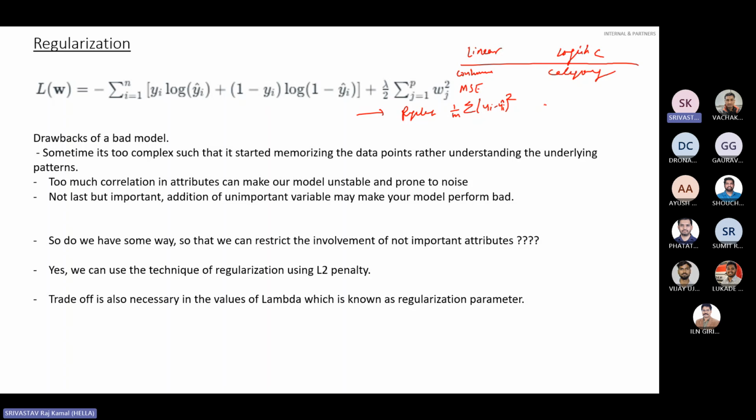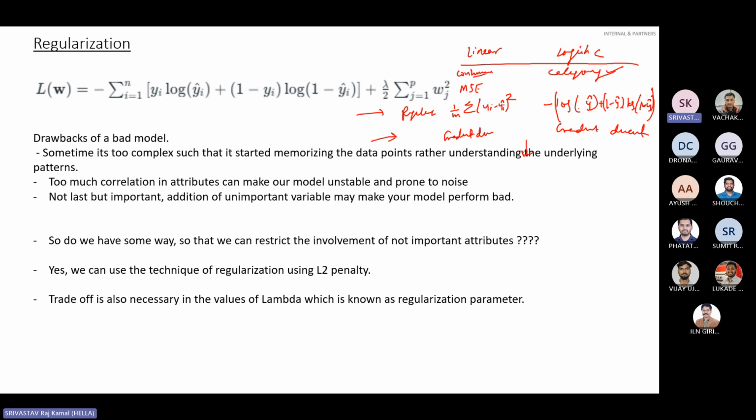Here the cost function is minus y log of y hat minus (1 minus y) log of (1 minus y hat), where in one case one term will disappear and in the other case the other will disappear. After doing so, we apply gradient descent in both cases till convergence. That's the only difference.